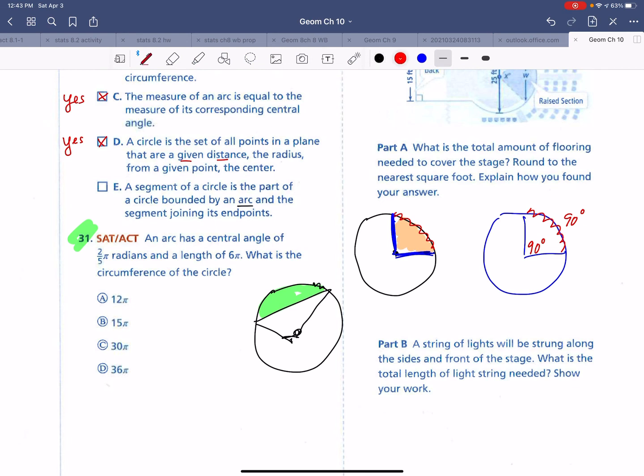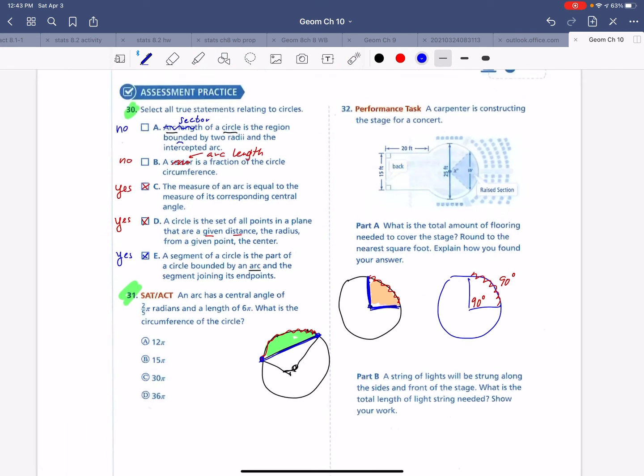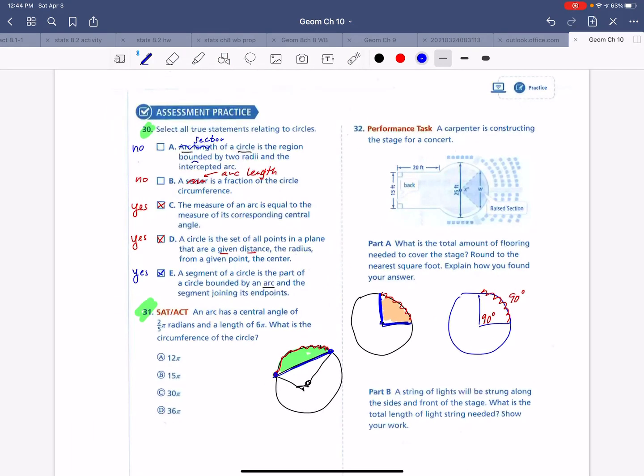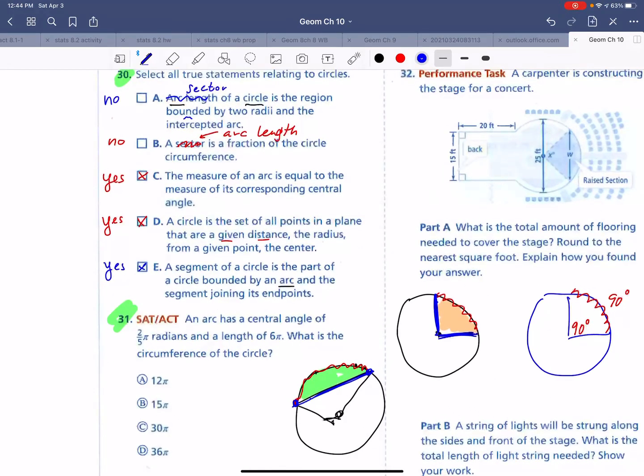Okay, so it's definitely bounded by this arc. And the segment joining its endpoints. Yeah, these are its endpoints. So I like that. Now you could Google these as well and you would have been able to find these answers.